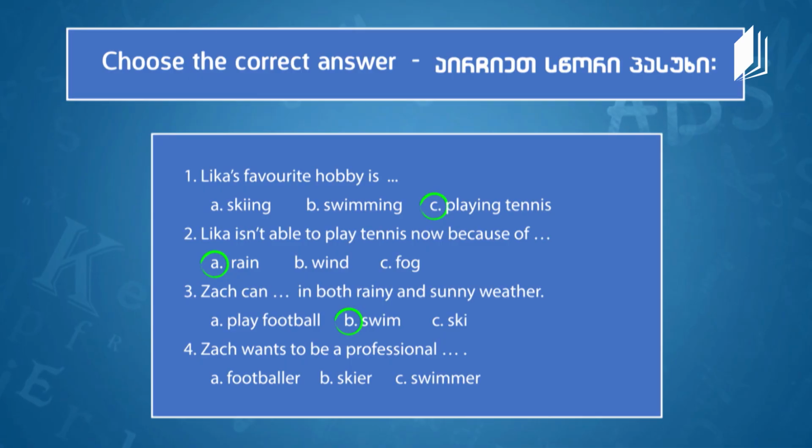The last one, Zach wants to be a professional footballer, skier, or swimmer. Yes, of course, he wants to be a professional swimmer. So hope the audience also is doing quite well with us. And let's move on the next slide. Let's do it. So for our second reading comprehension task, we are going to answer the questions.